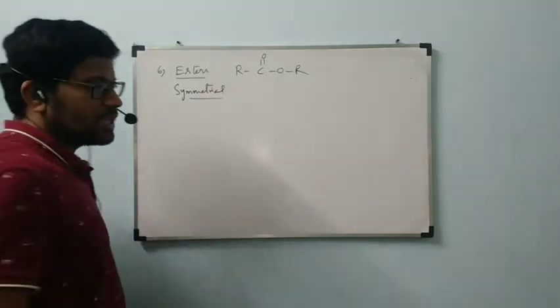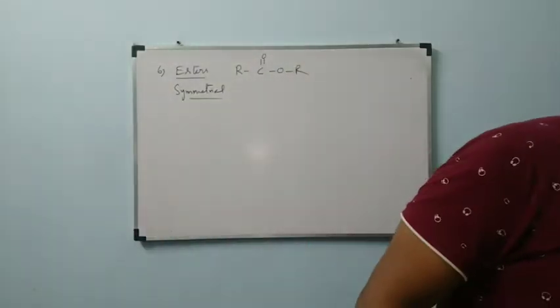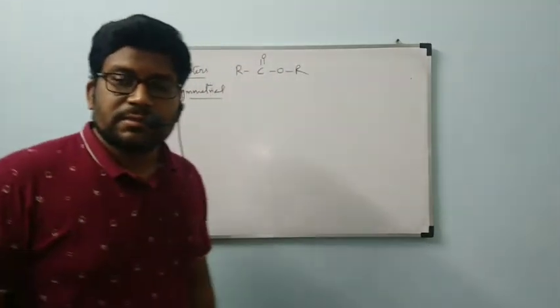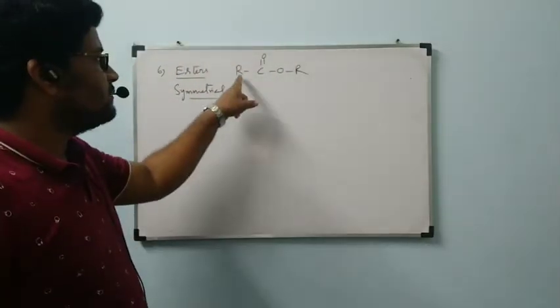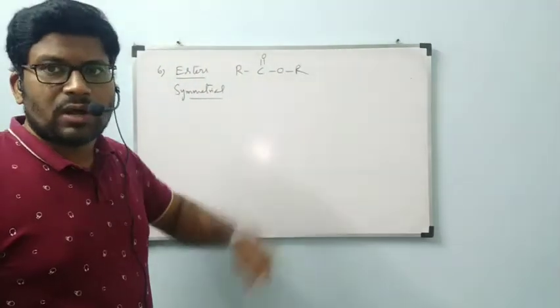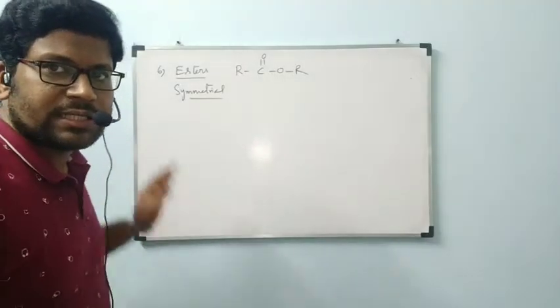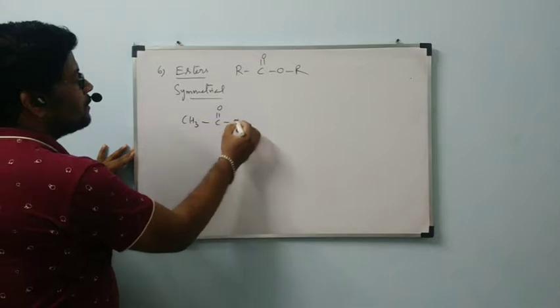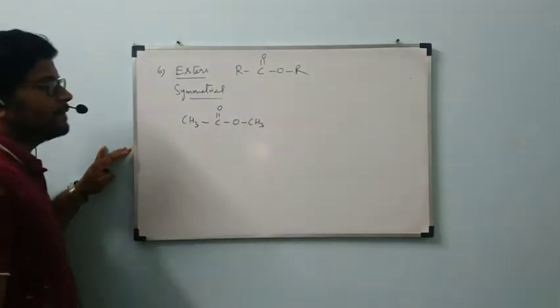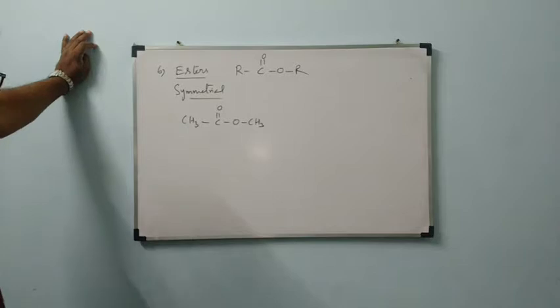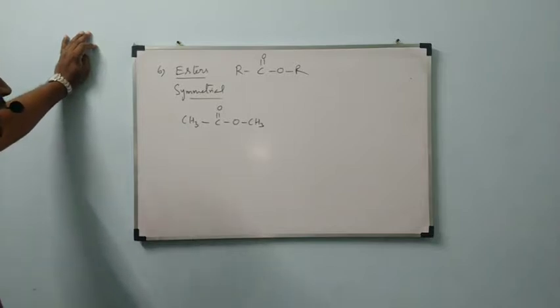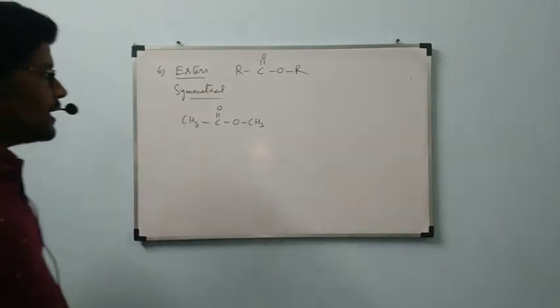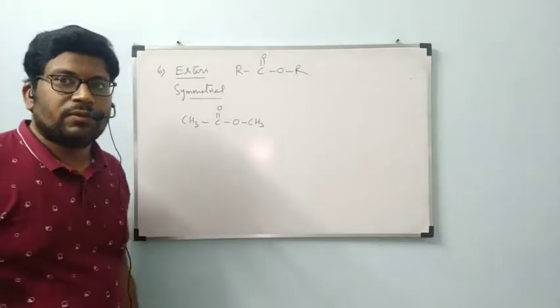Symmetrical esters must contain the same alkyl groups. Correct, no? So it is represented with R C double bond O, O R. Now let us take the example. CH3 C double bond O, O CH3. According to this, how are we going to give the name of this compound?